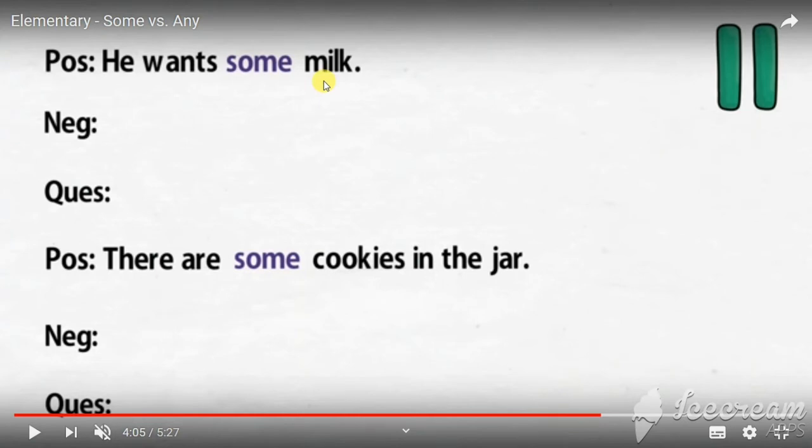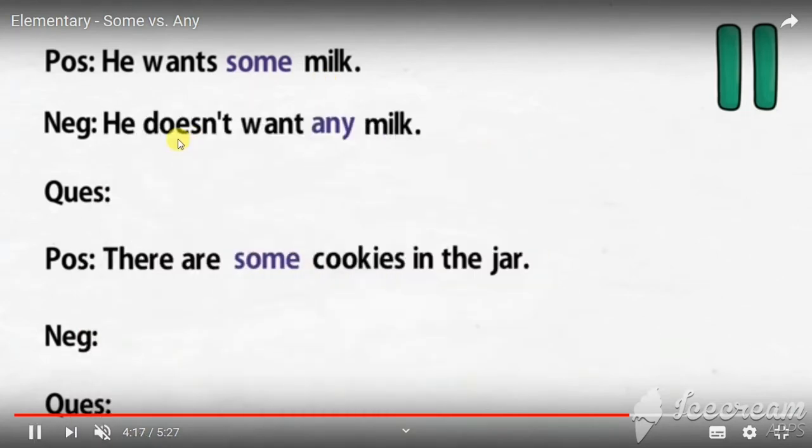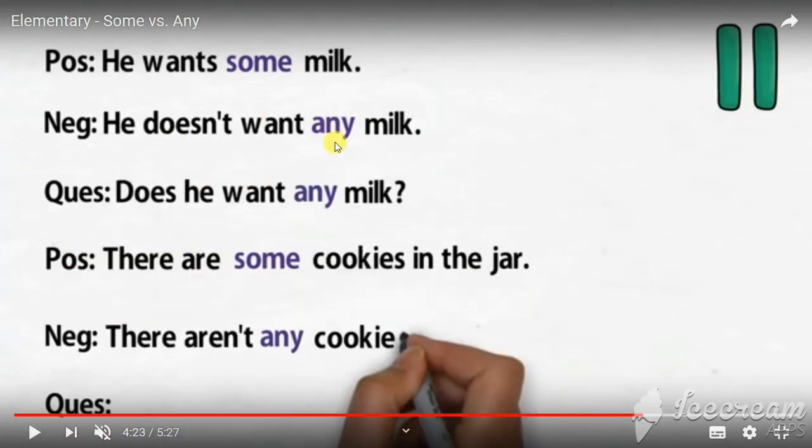If we want to change it into negative, what do we have to do? We must change some into any. He doesn't want any milk. Or, does he want any milk? So any is used with the negative and with the question.